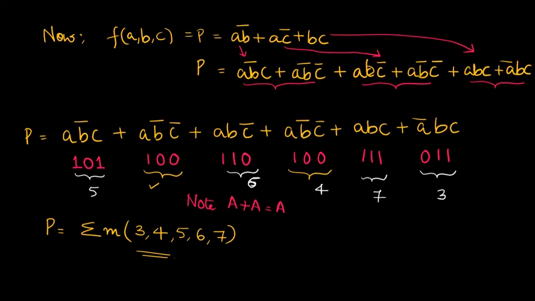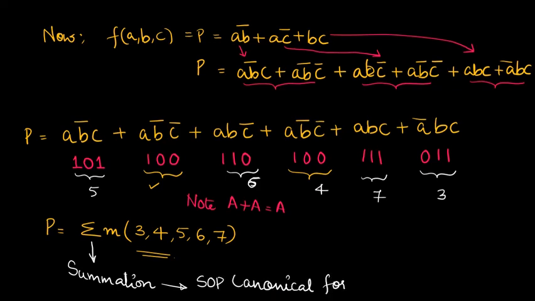Always remember that shorthand decimal notation will be different for the min terms and for the max terms. In some cases we don't even write M; we simply indicate them as either sigma or pi.